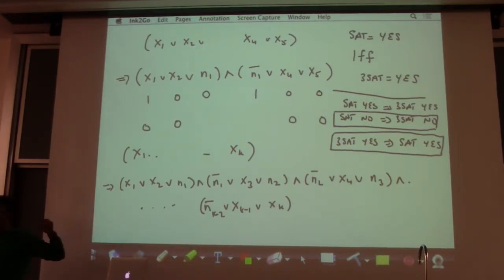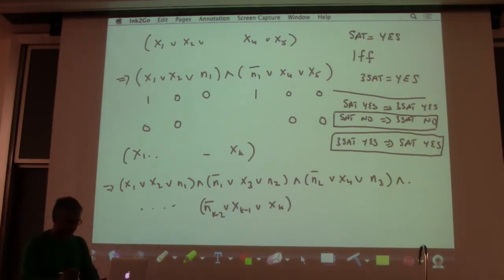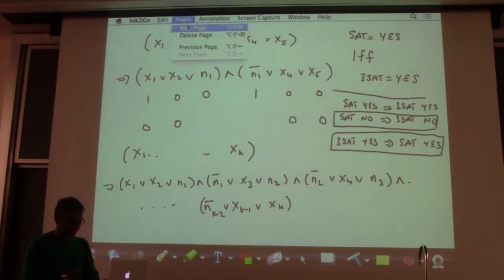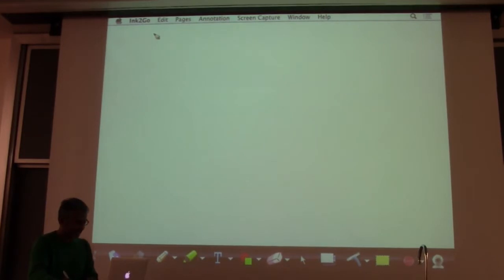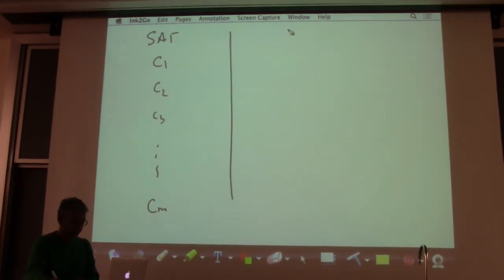One clause became an and of clauses. The next clause became another and of clauses. Maybe I should just draw this out. I have my SAT instance here, with clauses C1, C2, C3, up to Cn. Between C1 and C2, I have an and. That's the definition of SAT.